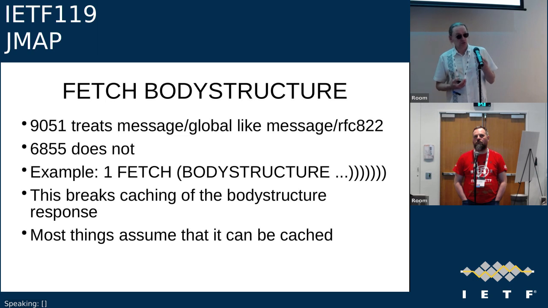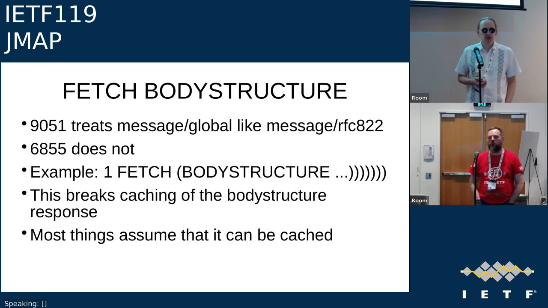Dovecot will compute the body structure once, the first time a client needs it, and then send it from an index file to every client that asks for it. Makes sense? Yeah. I would guess that's what all of the servers do. Many do, yes. Our implementation does as well. Cyrus does it on delivery.